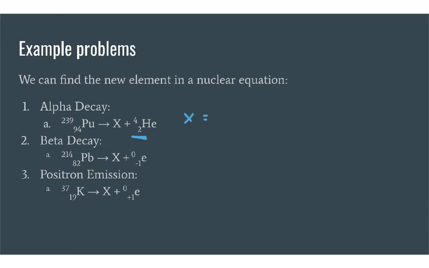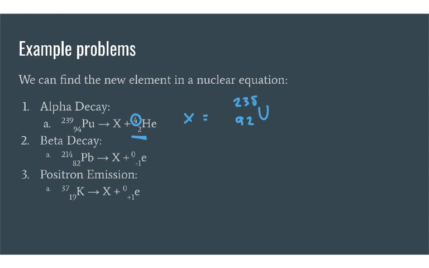If my atomic number changes by 2, I'm going to know that it's 92, right? So I'm going to go to my periodic table, and I'm going to look for element 92, and I'm going to see that it is uranium. So I'm going to put a U there for uranium. Now my mass is going to actually change by 4, right? Because I have 4 up here. So 239 minus 4, we get 235. So our element from our nuclear equation there is uranium-235.